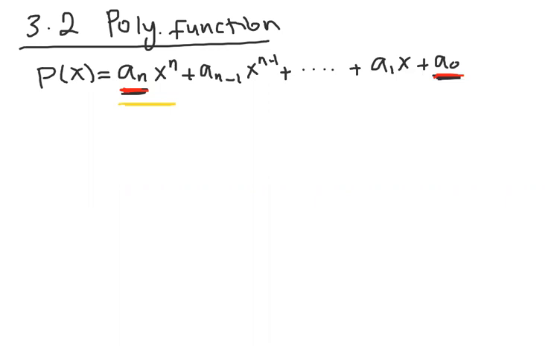And a_n, a_(n minus 1), and all these are called coefficients. Okay, this is just review.